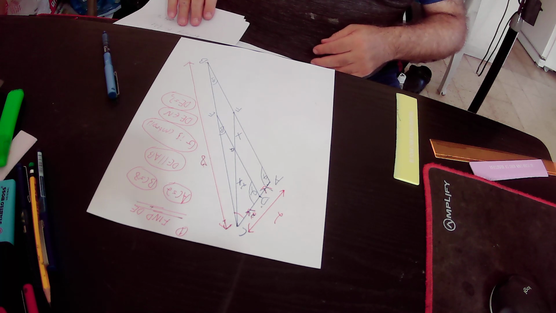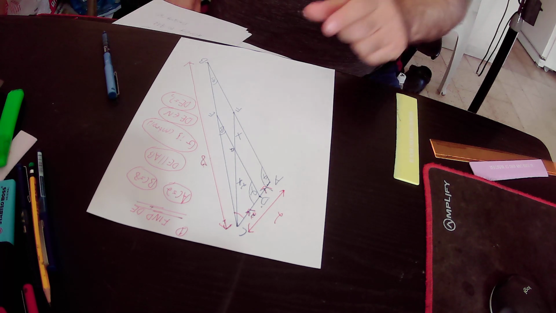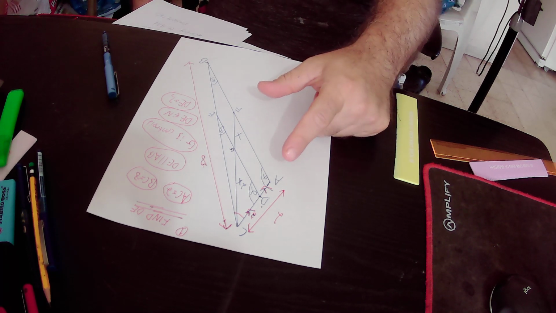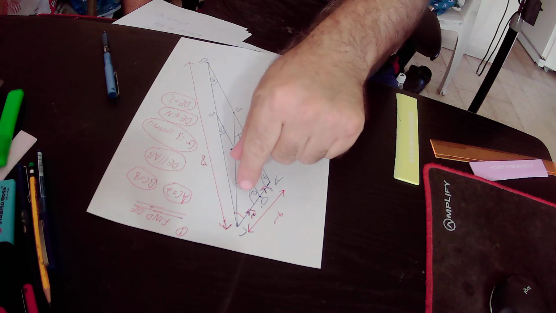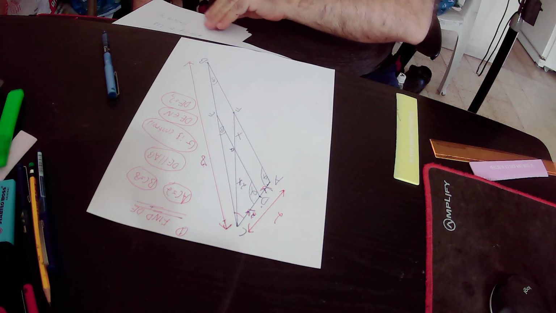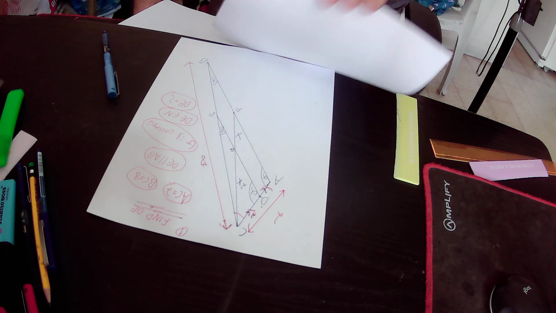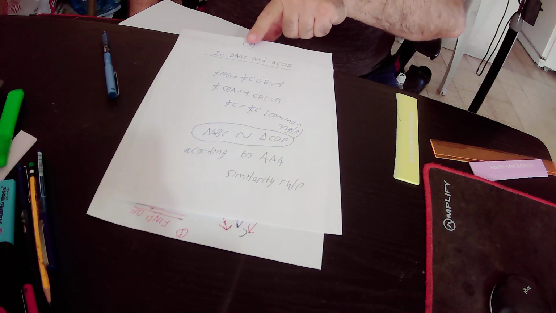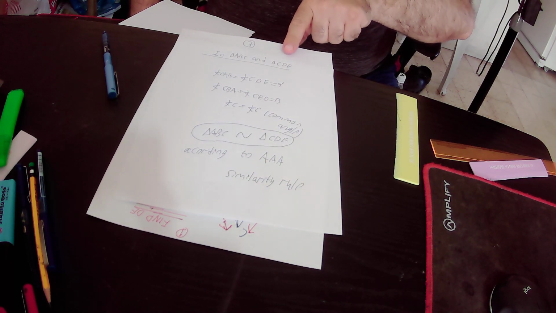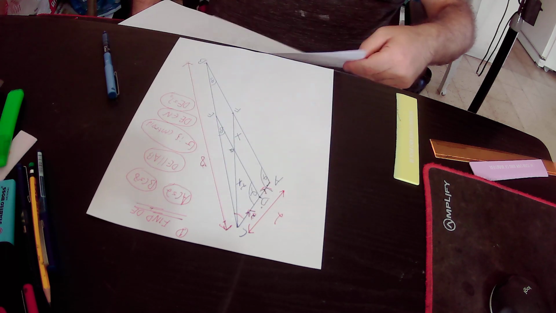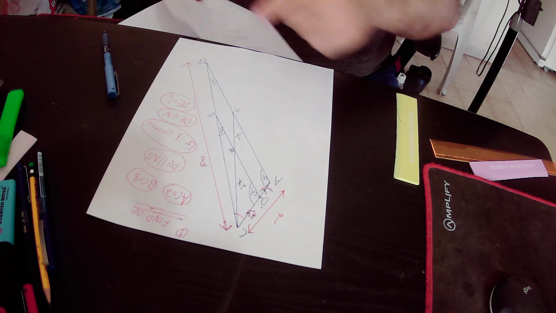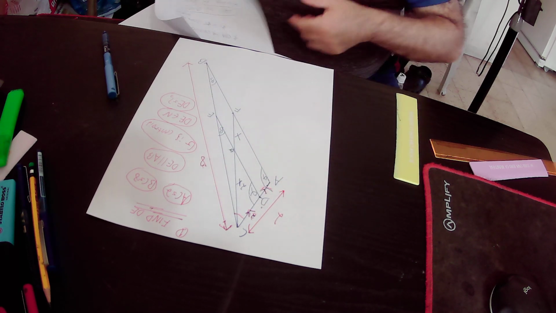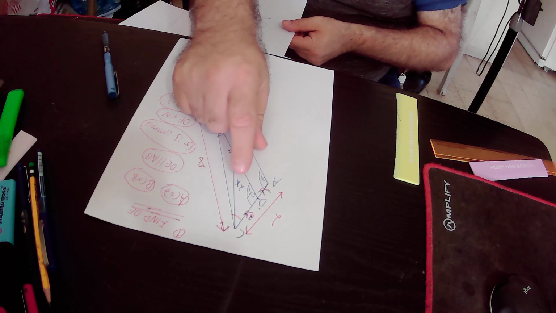Then we focused on the triangle ABC, the big triangle ABC, and on the small triangle CDE. On those two triangles, we know that those two angles are equal to each other.